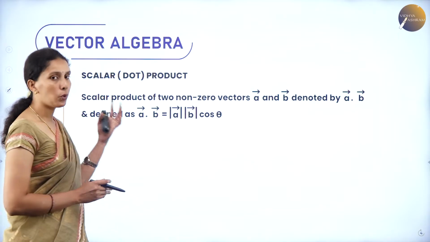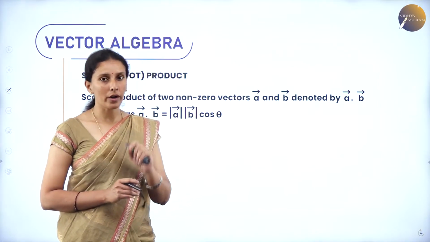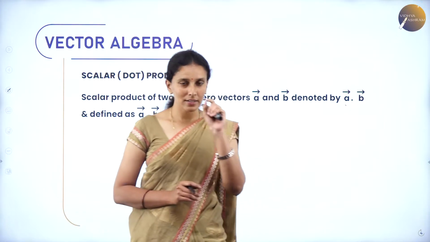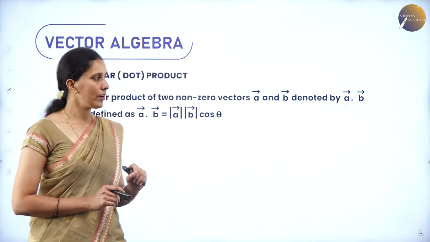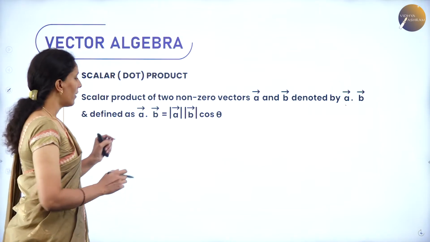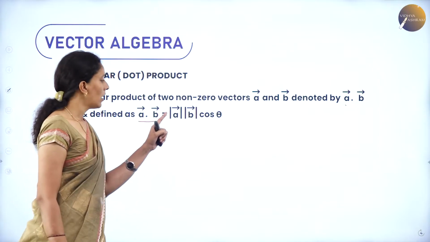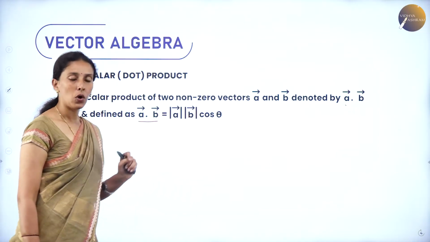Suppose we have two vectors, vector A and vector B. Then the dot product of the vectors is denoted by vector A dot vector B. Since the symbol dot is used there, we call this product the dot product. And how is it defined? Vector A dot vector B is equal to modulus of vector A times modulus of vector B times cos theta.